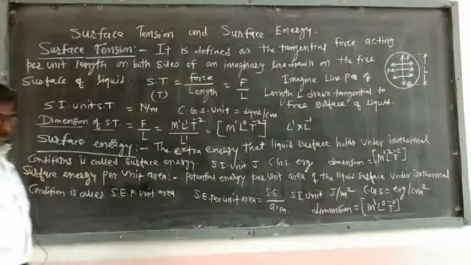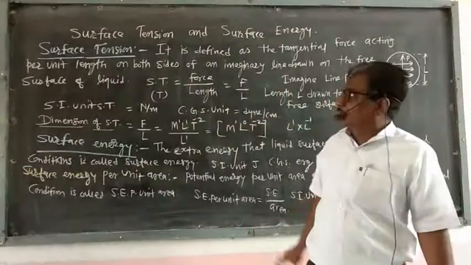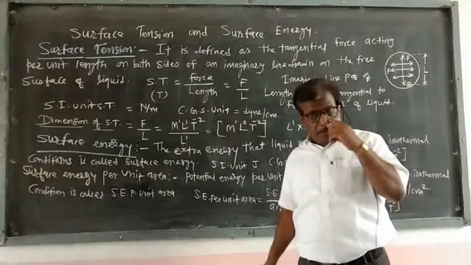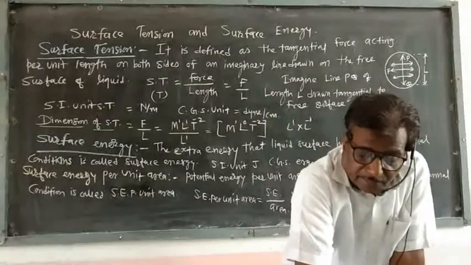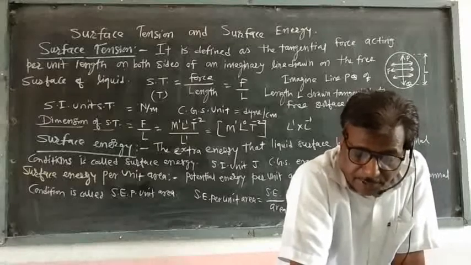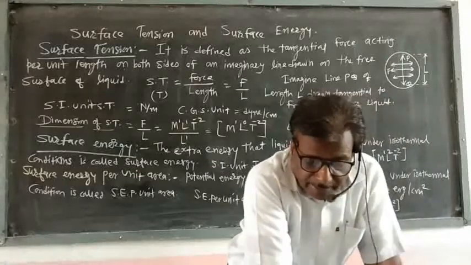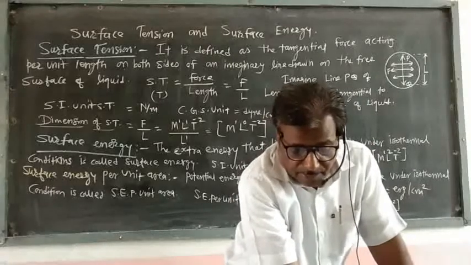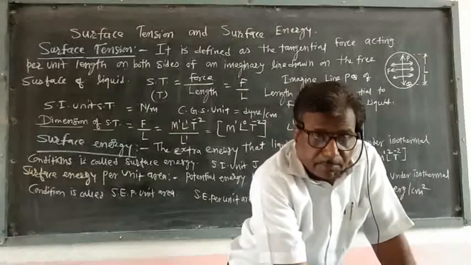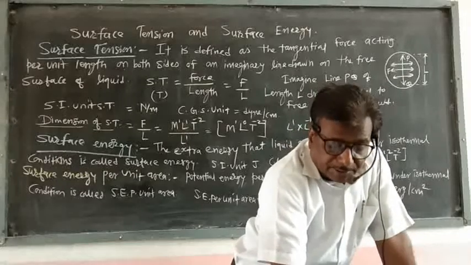Now we can see some properties or applications of surface tension. The first application: toothpaste spreads more freely in the mouth while cleaning the teeth because it contains soap, which reduces surface tension.